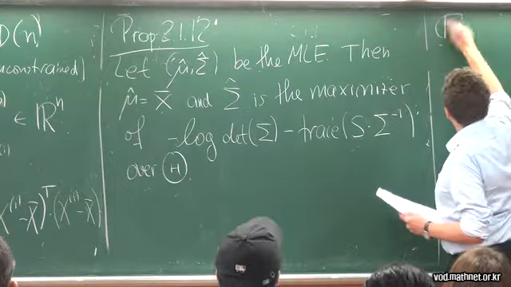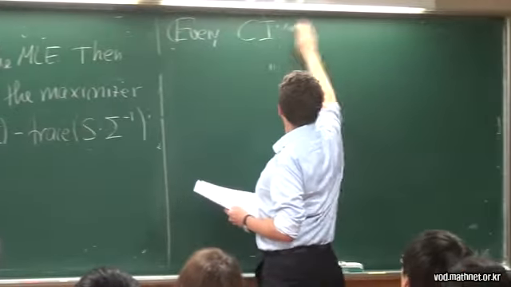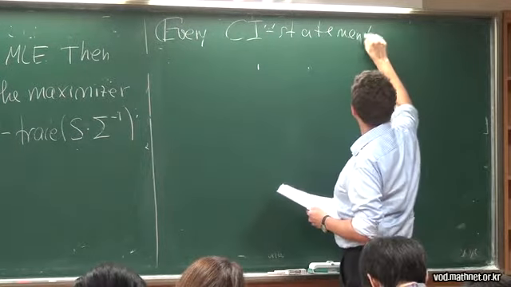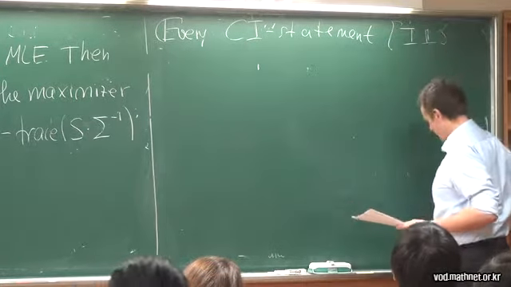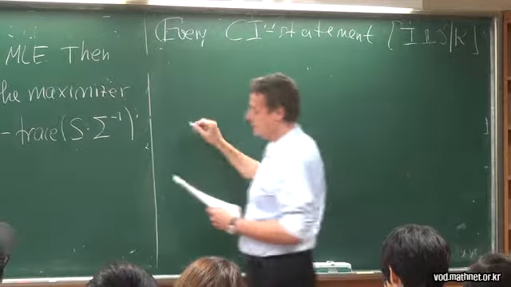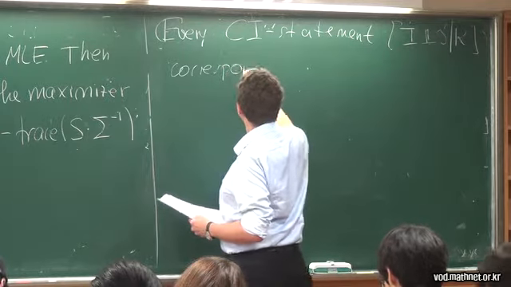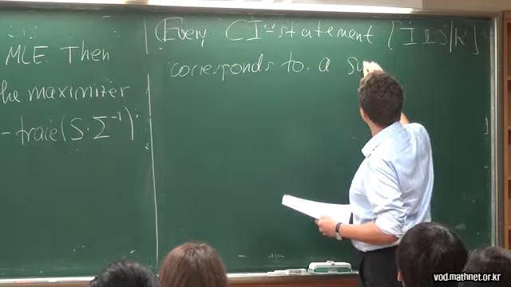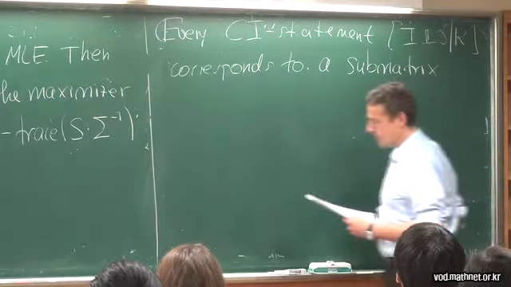So let's talk about the graphical case. For every conditional independence statement, what does this mean in terms of Gaussians? Okay? Well, let's tie things together. If we have a conditional independence statement, I is independent of j given k, what does that mean? This corresponds to a submatrix of the covariance matrix.